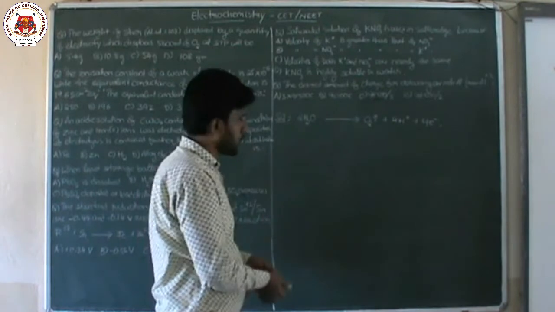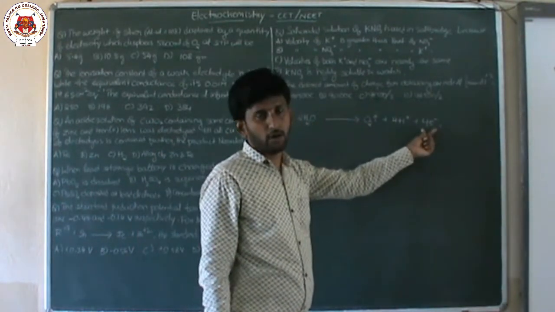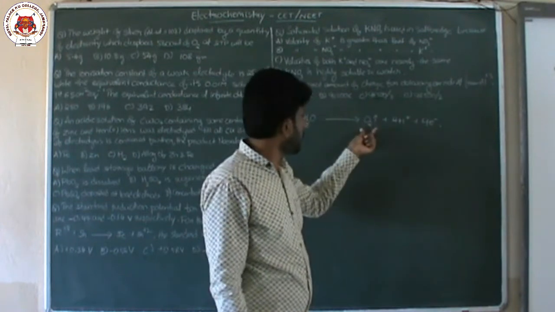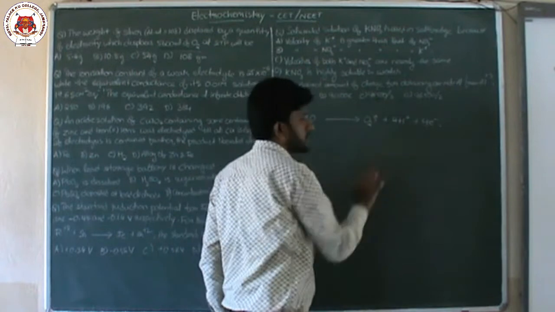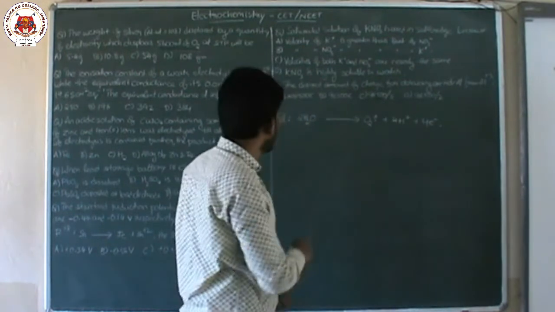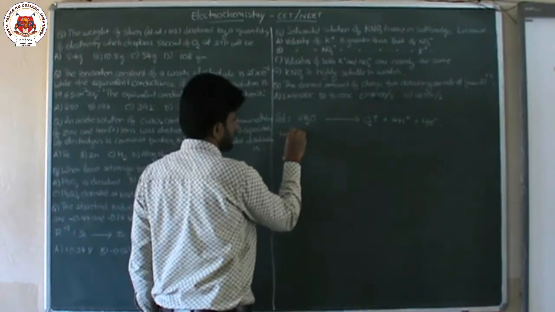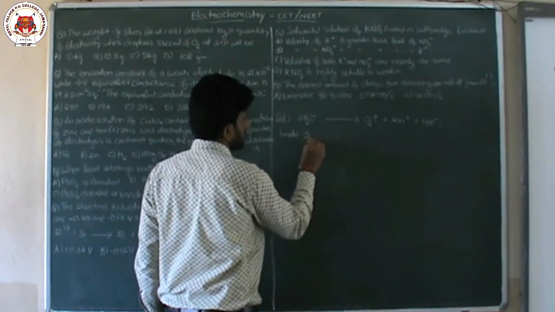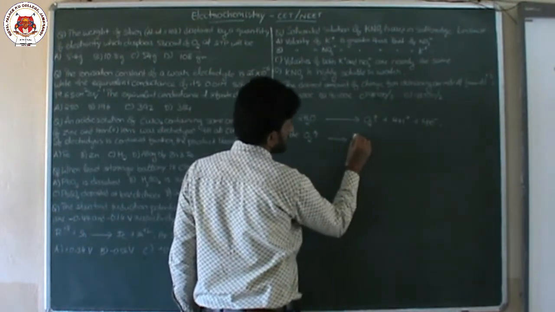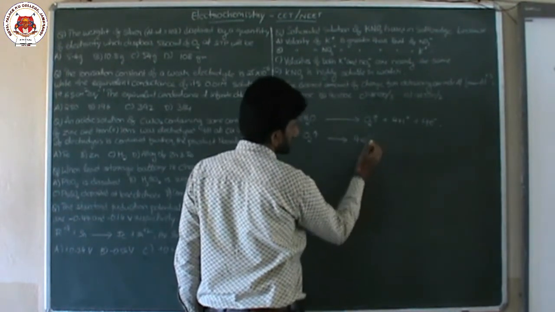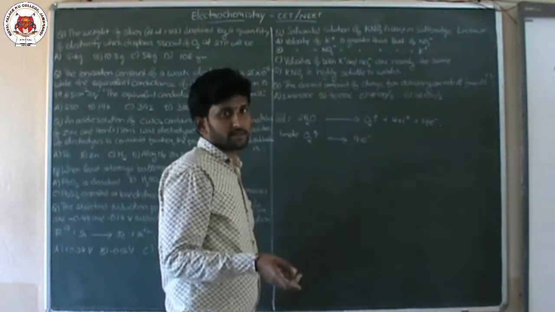So how much charge is involved in the liberation of 1 mole of oxygen? 4 moles of electrons. 1 mole of oxygen gas involves a change of 4 moles of electrons.